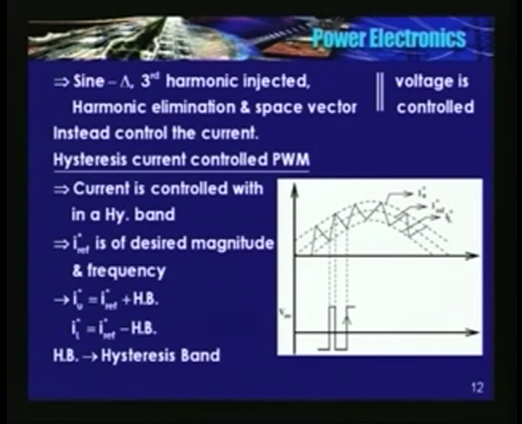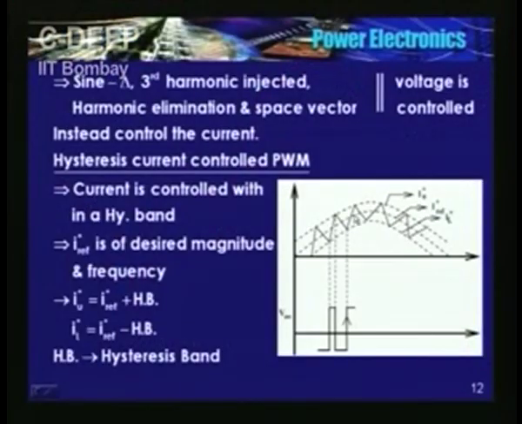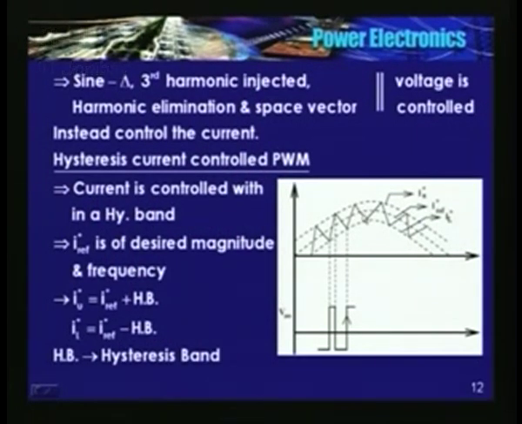So, you may have approximately a sine wave, almost an ideal sine wave, but then the smaller the band, the higher will be the switching frequency, because see in this figure, if this band is very small, the current touches the lower band, immediately I need to close the upper switch, current increases, and since the band is very small, it touches the upper band, immediately I need to open that switch and close the lower switch.